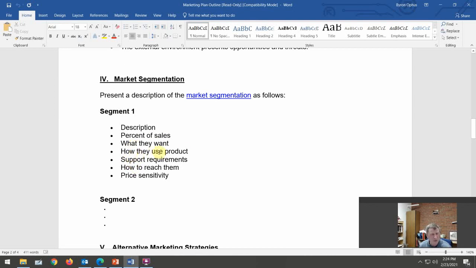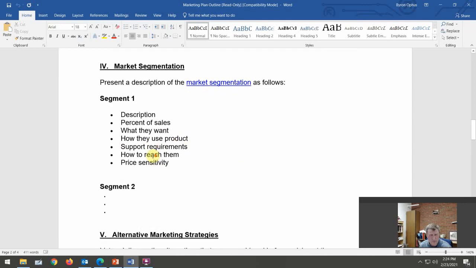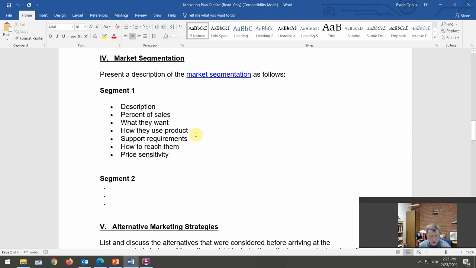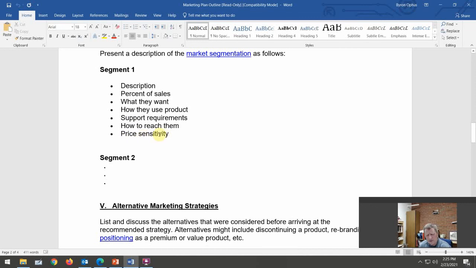Okay, what do the customers want? These are pretty self-explanatory. How are they going to use your product or service? What kind of requirements are you going to have? Maybe support after the sale, which can be a big part of the customer service or the differentiation. How do you reach them? What's the price sensitivity? If you opened up an ice cream shop to compete with Dairy Queen, is there price sensitivity?